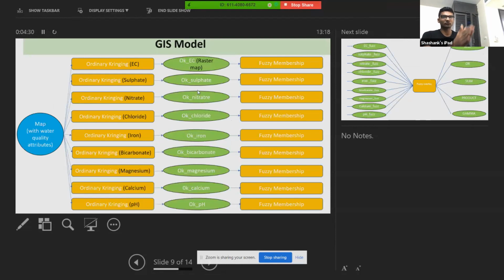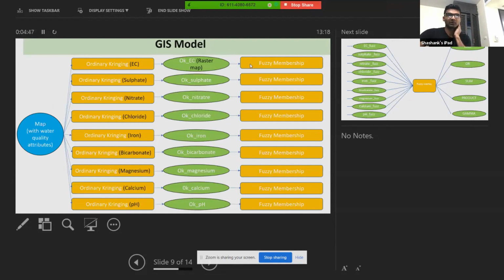Now, since we've got 9 interpolated maps, we will use these maps as inputs for the fuzzy membership function. Fuzzy membership function is another tool which we can find in the ArcMap toolbox.